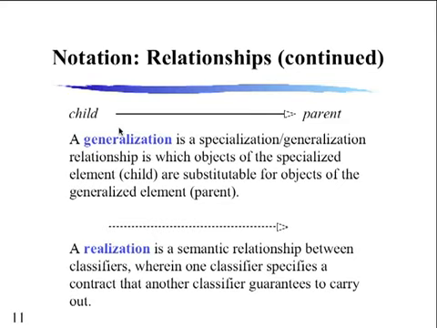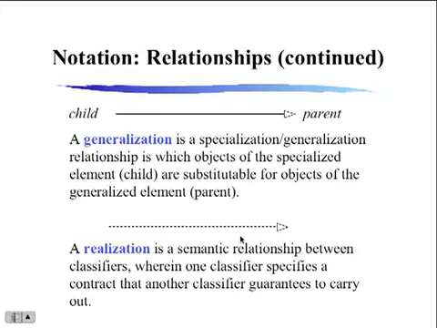We have these different types of shapes that are coming from it, and they would be represented with an arrow, essentially. The solid one says there's a direct relationship, a generalization or specialization. So the child is a substitute for an object of the generalized parent.